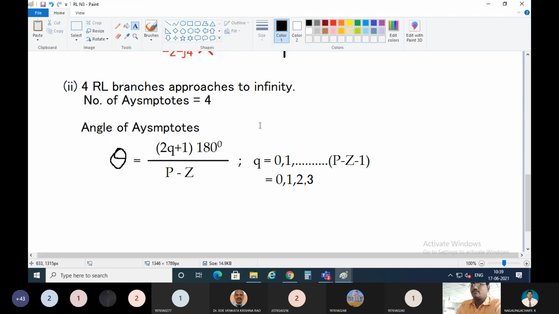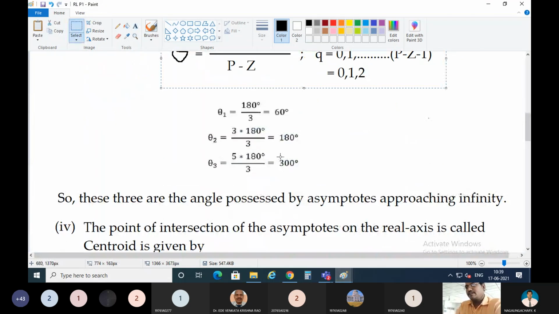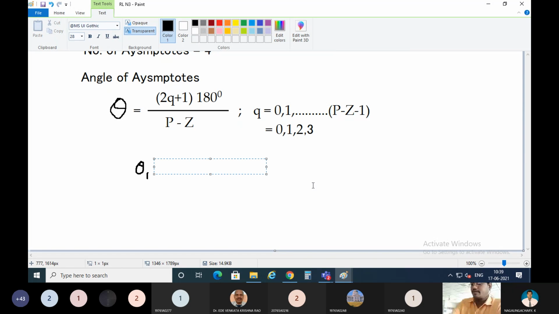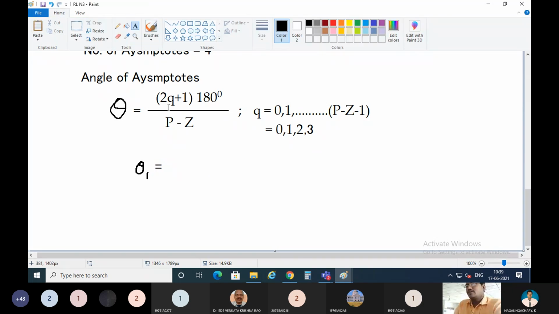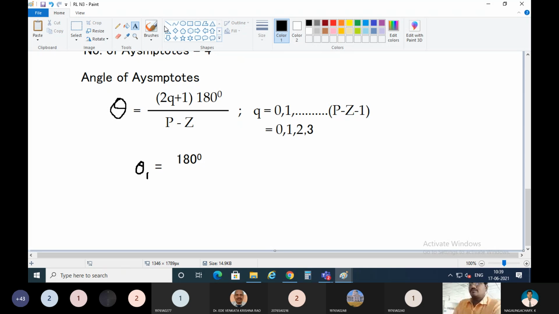So now theta 1, theta 2, theta 3. What is theta 1? If I apply Q equal to 0, 180 by 4, since P minus Z is 4 minus 0.